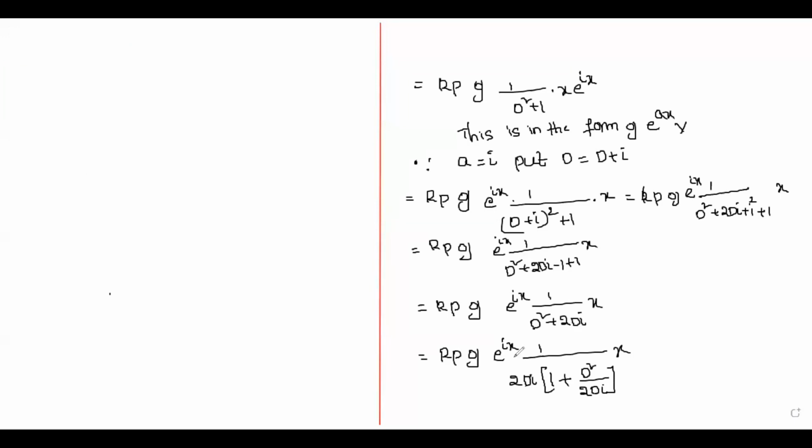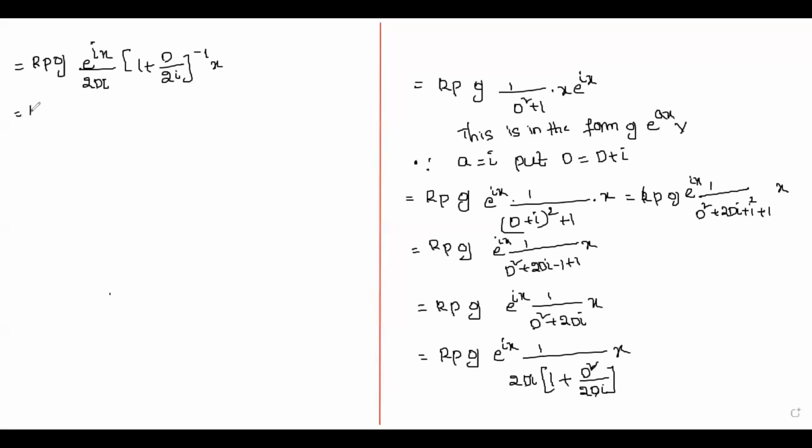So this is equal to the real part of e power ix by 2Di into 1 plus, here D and D square, D gets cancelled. So it becomes D by 2i, (D by 2i) whole inverse into x. So it is in the form of (1 plus D) whole inverse.